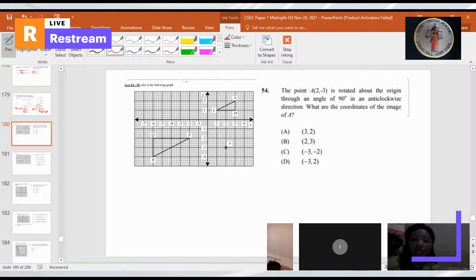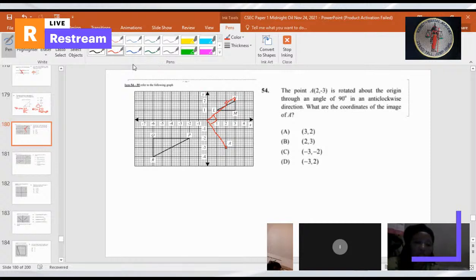If we rotate it about the origin, so this is the center of rotation, the origin, 90 degrees would be there, right? So it would now be somewhere up here, closer to there.